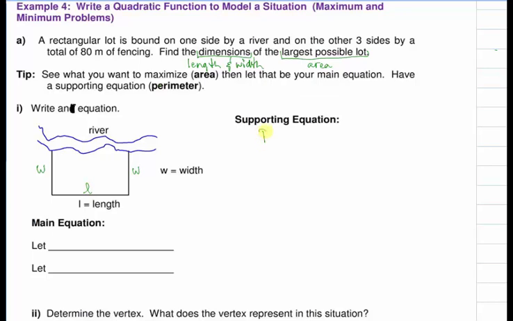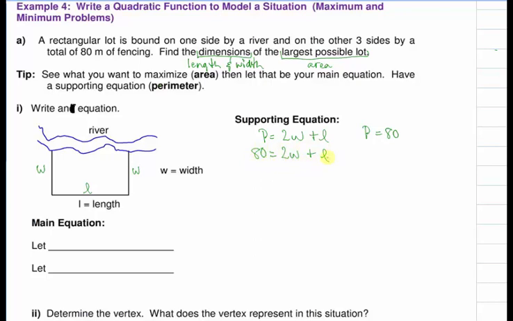So the perimeter formula then will be 2W plus L. Now I do know what the value of my perimeter is because I know how much fencing I have. My perimeter is 80, so I will plug that in for P, and I get 80 equals 2W plus L. Now we want to isolate one of the variables in this little formula.